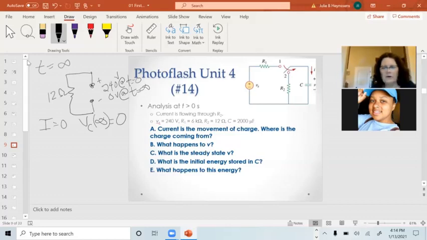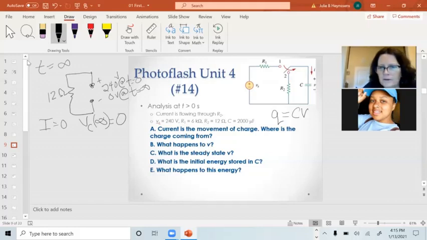Okay, what happened to all that voltage? In a capacitor, there's this wonderful equation that comes up a lot: Q equals CV. So the energy is in the form of charge. I've got capacitance, I've got charge on here.